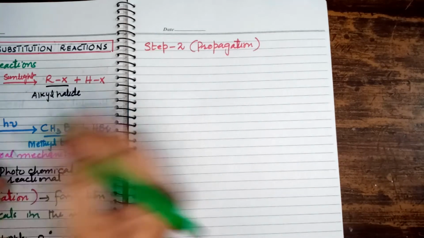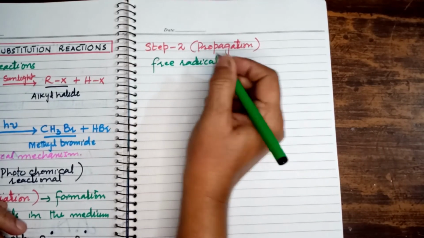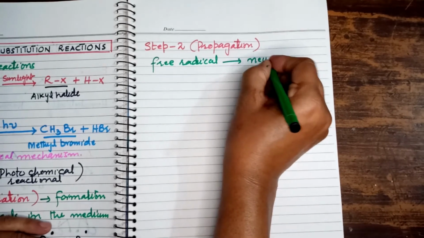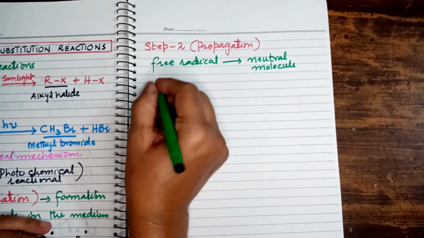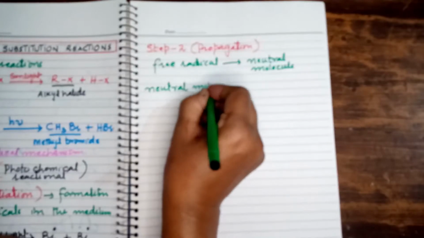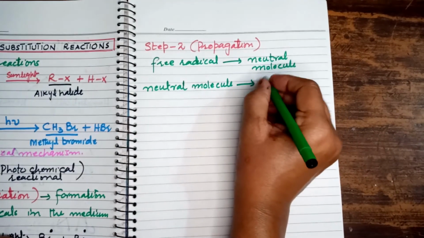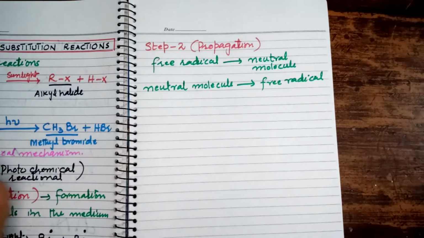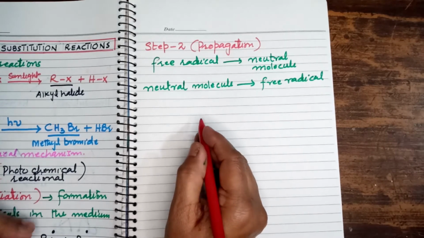It means when a free radical attacks a neutral molecule, it itself changes to a neutral molecule, and after the attack of the free radical, the neutral molecule converts into a free radical.